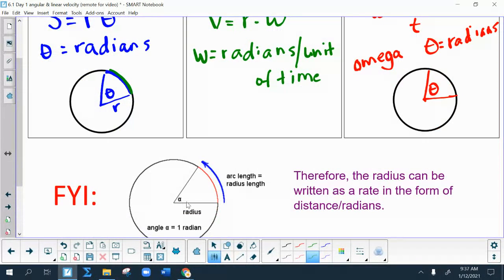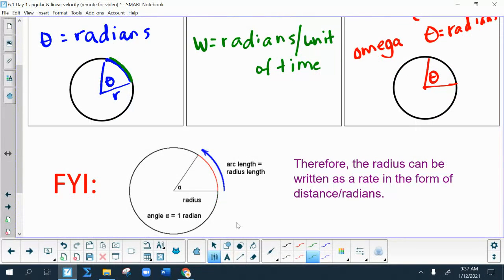One other thing you'll want to write down for yourself is what a radian actually is and how we use it in these problems. A radian is the measurement of an angle, but it comes from taking the length of an arc and dividing it by the radius.